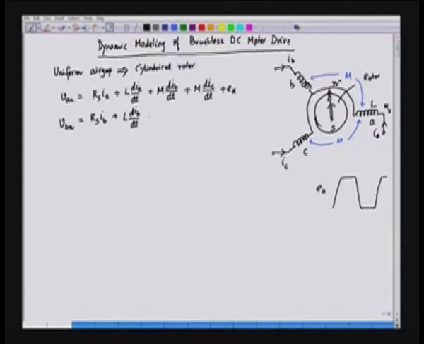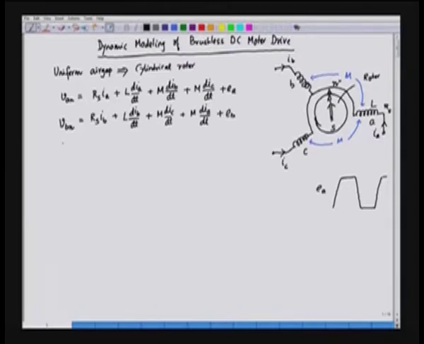This is the self inductance drop of phase B, plus M dIC by dt plus M dIA by dt, and this is phase B, and in phase B also we have some induced EMF, and the induced EMF in phase B is plus EB. EB is also a trapezoidal waveform which is phase shifted from EA by 120 degrees.